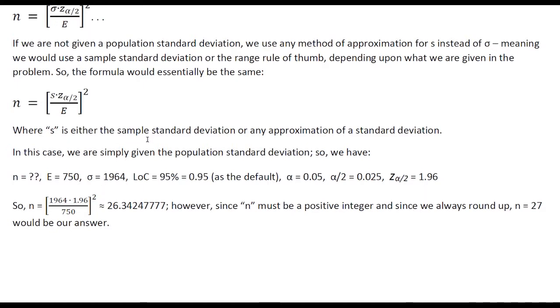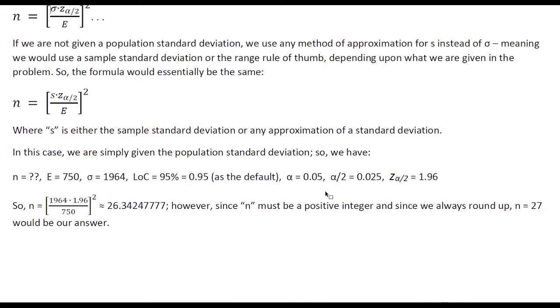Or if we weren't given either, then we would have to do it another way, and I can tell you that that other way will likely be by using the range rule of thumb. My level of confidence is 95% or 0.95. Why? Because it's not in the problem, so we use the default.